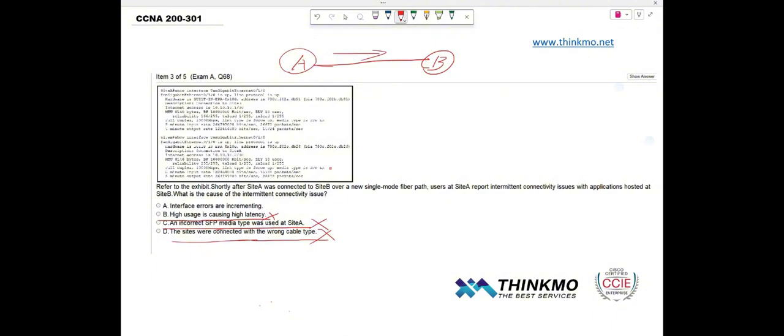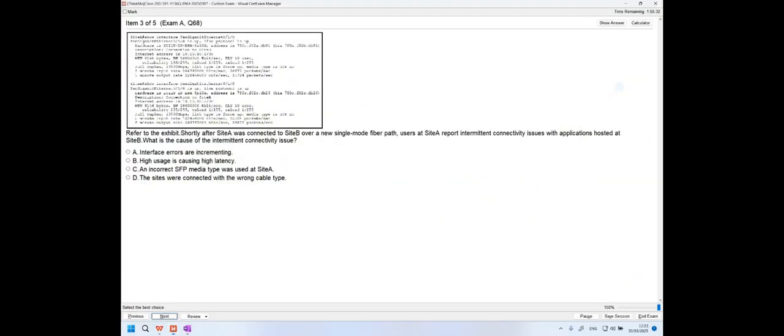The question states that the connection has already been established. The delay is caused by the frequency used. Between these two, the interface errors that are constantly increasing, we choose this one. For this question, the correct answer is option A.